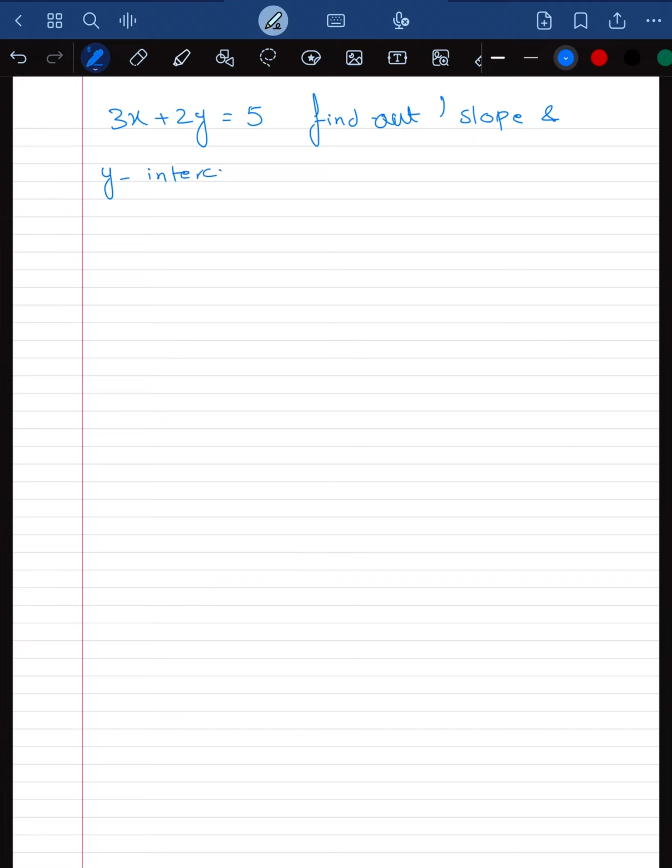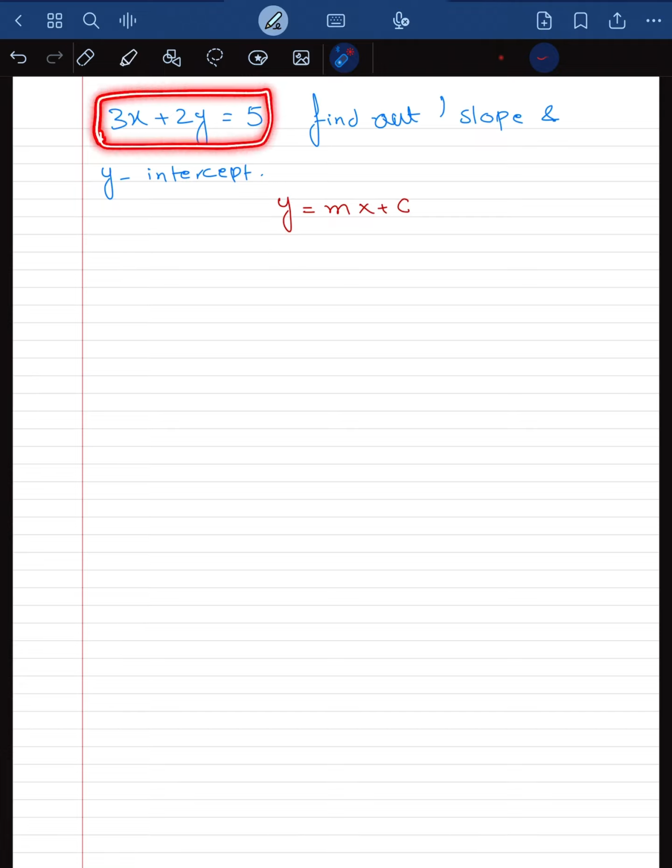You just need to change it into the standard form. We know that our standard form is y is equal to mx plus c. So what we need to do is make y the subject of the formula. We have to shift all of the other quantities to the other side of the equation, right?